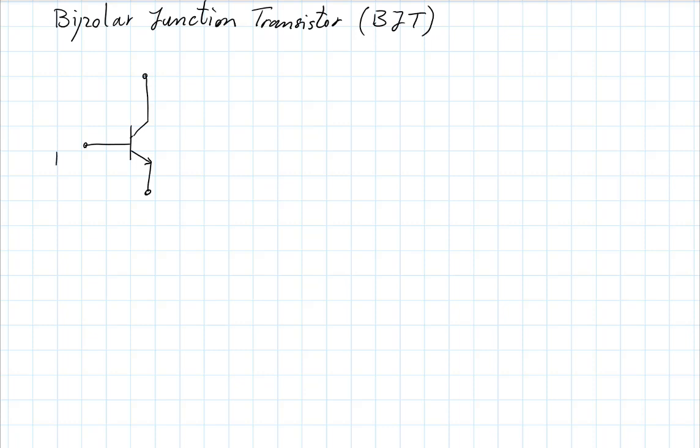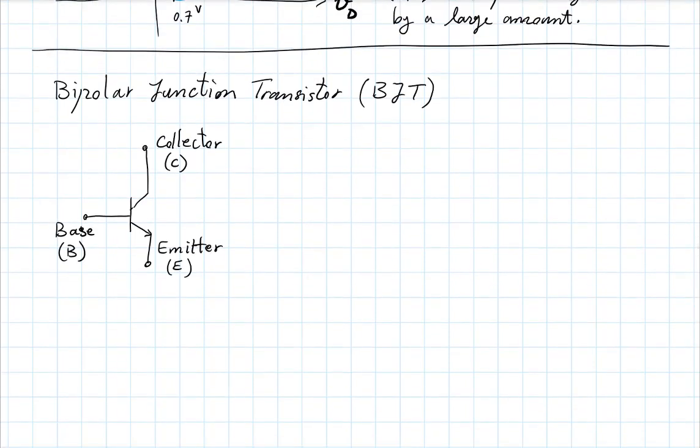This is called base. This is called emitter. And this is called collector. This is an NPN transistor. And once we understand things with this, we will be able to readily apply all that knowledge to PNP transistors also. But for now, let's stick with what we call an NPN transistor.